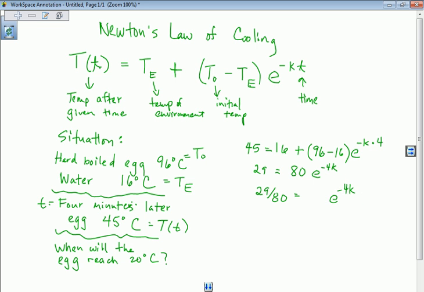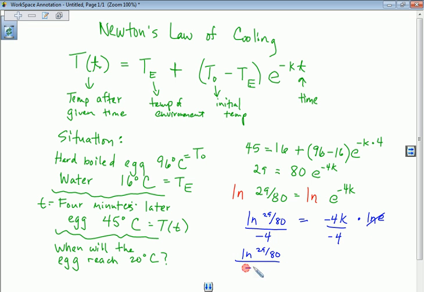Now the exponent comes out in front, and natural log of e is 1. Divide by negative 4. So the exact value for k is natural log of 29/80 divided by negative 4.